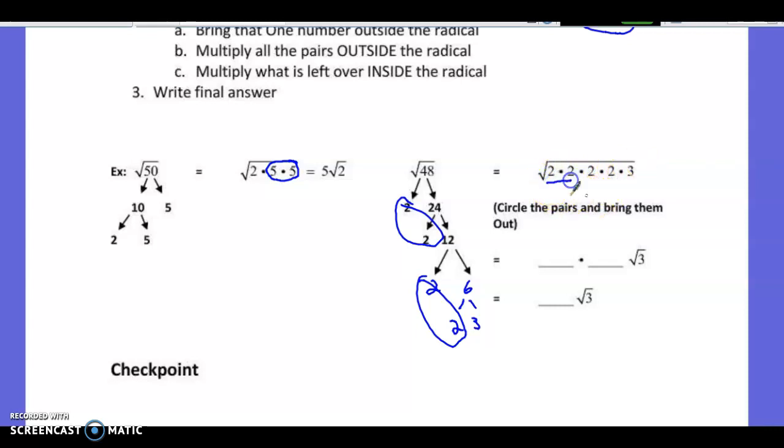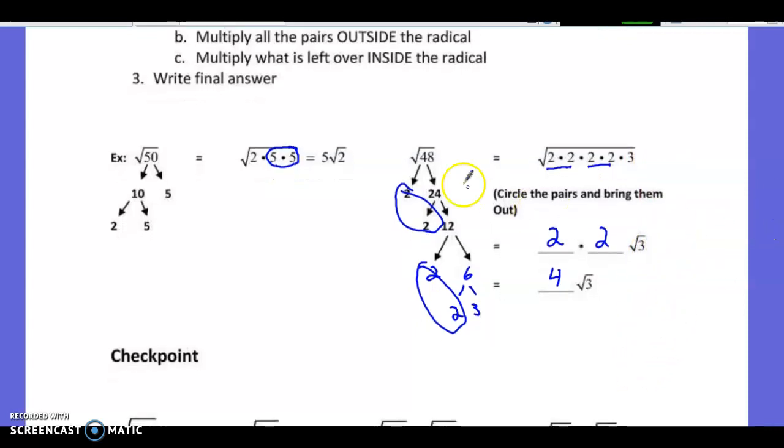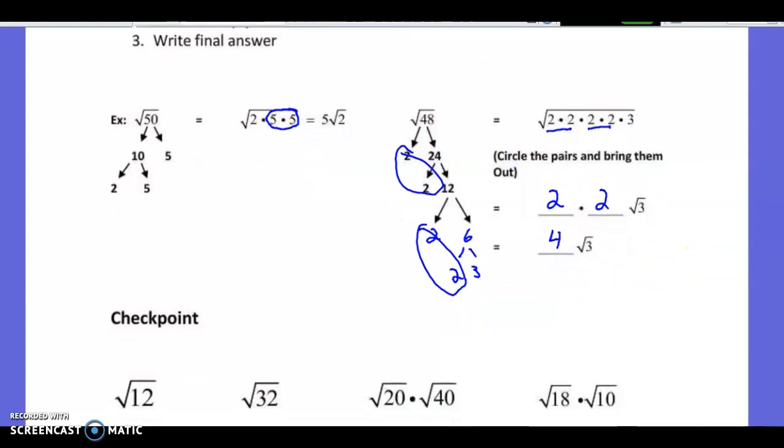We have a pair of 2s here and a pair of 2s here, so each one of those pairs come out. And then we multiply those together to give us 4. Sometimes there's going to be other numbers underneath the radical that would still be there, and you'd multiply those together as well to include that in your final answer. So the square root of 48 simplifies to 4 times the square root of 3.